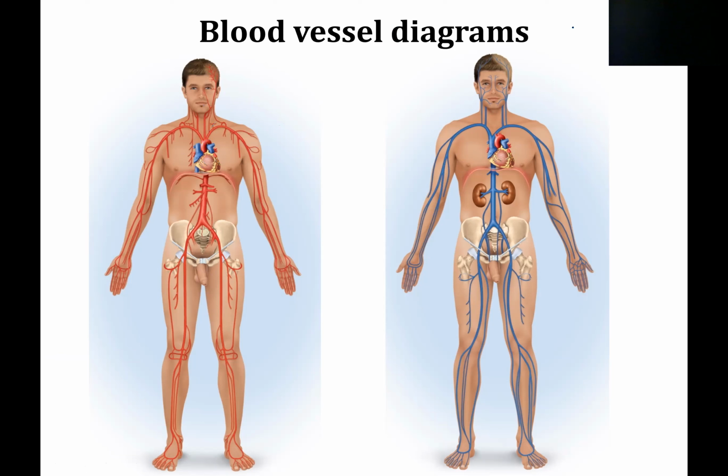Red is for the blood that is high in oxygen and low in carbon dioxide, and that's your systemic arteries and pulmonary veins.